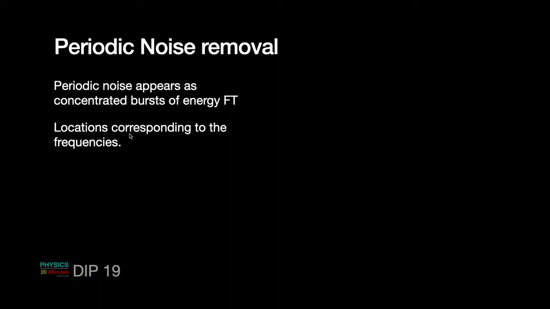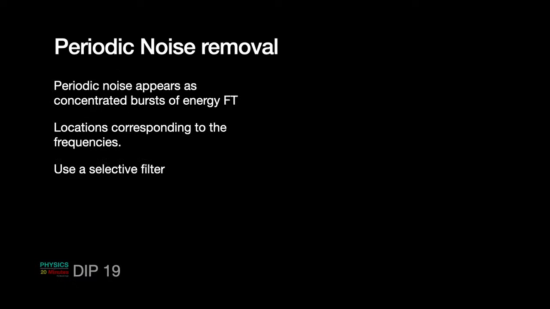Depending on where you see the burst of energy in the FT, you can guess if it's noise. Maybe with experience that guess becomes better. In the beginning you may have some errors, and you have to sort it out by trial and error.